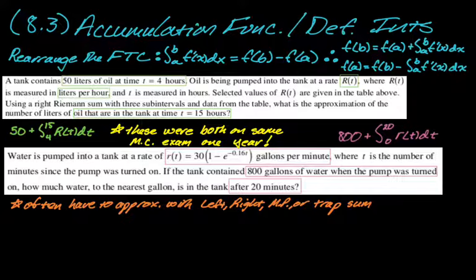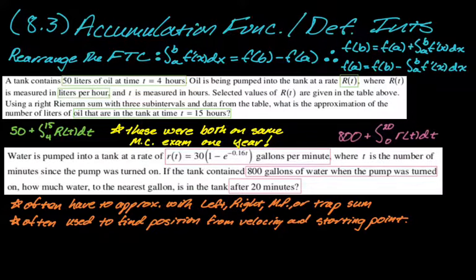And then the other thing is you're often going to be using this concept to find position from velocity and a starting point. That's the most common way I think that they use it, despite the fact that maybe the most common way is to figure out how much of some fluid is left after some amount of time. I think of it as find the position you ended up at or find the position you started at using this.